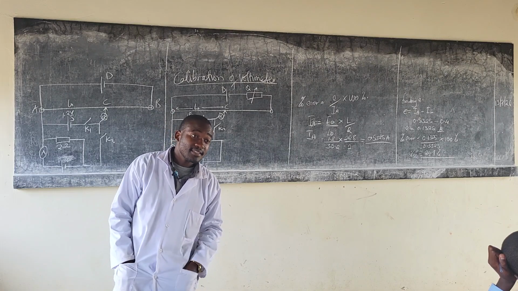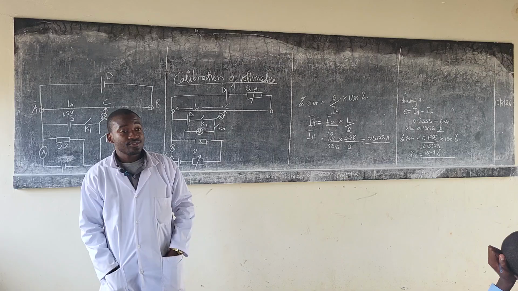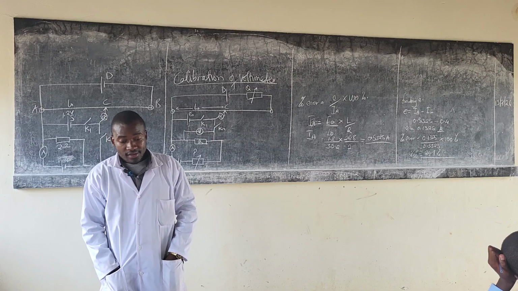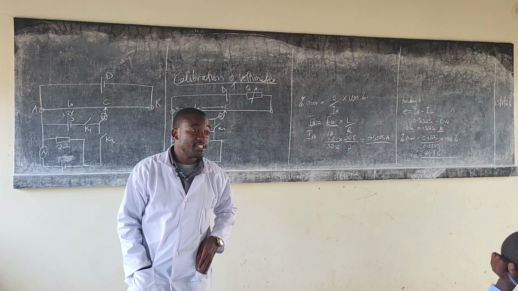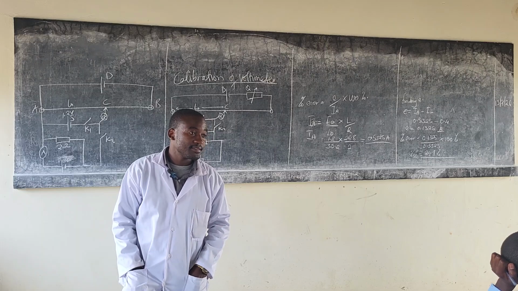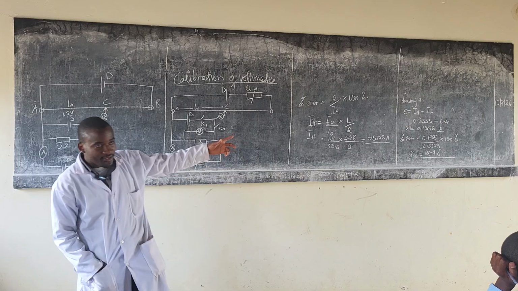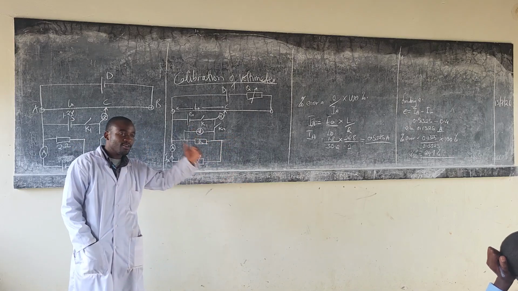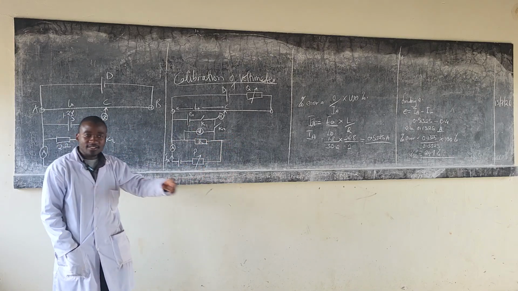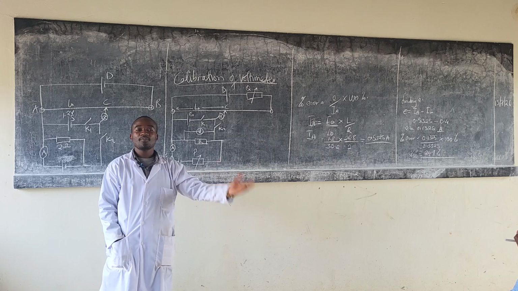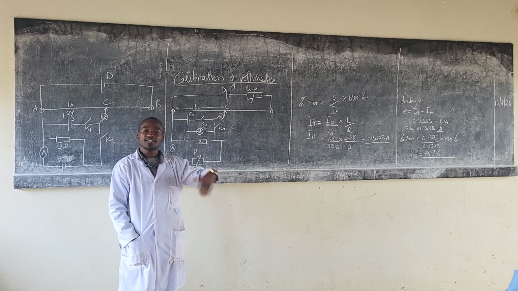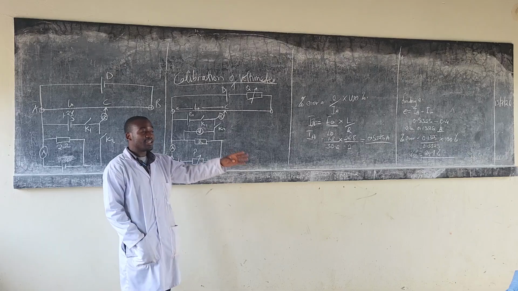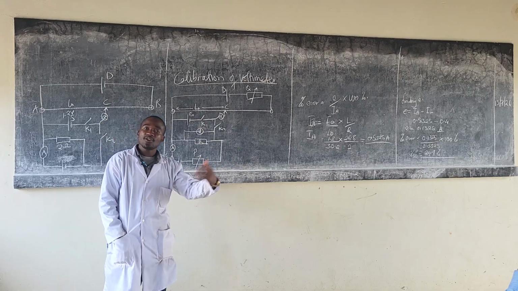That's how far you can go. The PD per meter K, after you have noted all what she has told you to note. From the point of closing the switch, tap the jockey along the slide wire AB until a balance point, a point where the galvanometer shows no deflection, is obtained. Measure and record that balance length as L0.